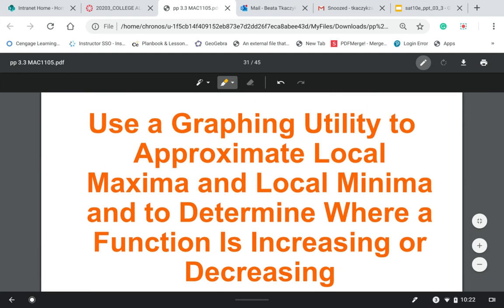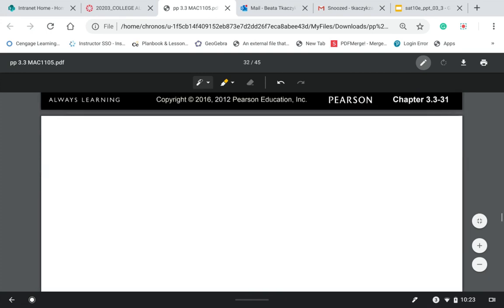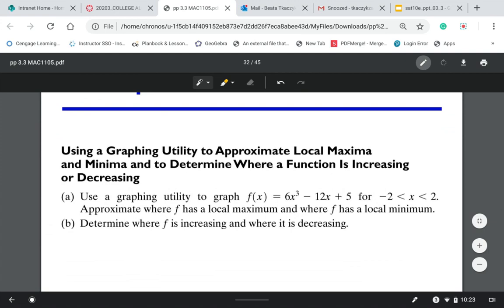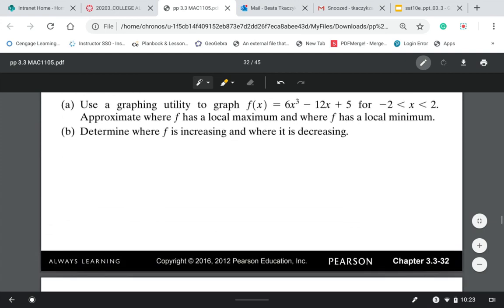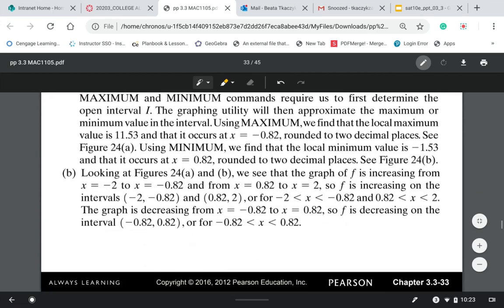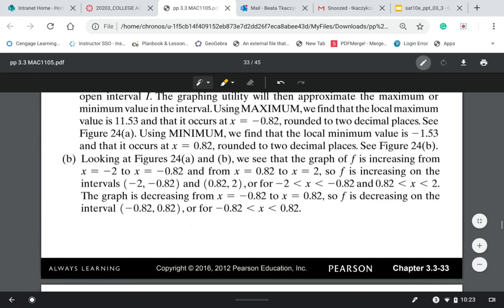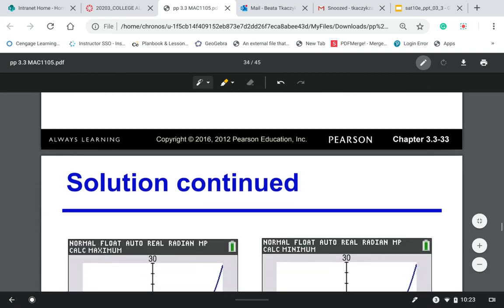So here, use the graph utility to approximate local maximum and minimum. You can read that. I'm going to skip it because it uses technology, the TI-84 or TI-83 graphing calculator. They want you to graph those functions using the calculator, and they teach you how to estimate maximum and minimum with it.